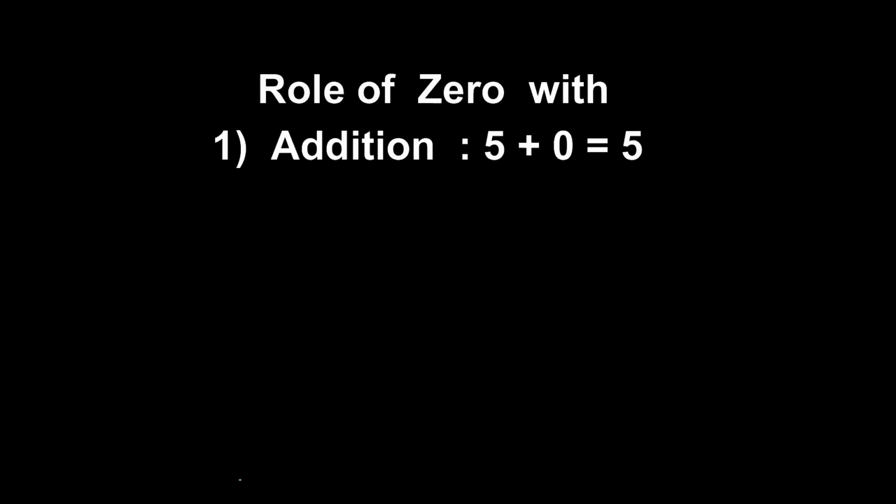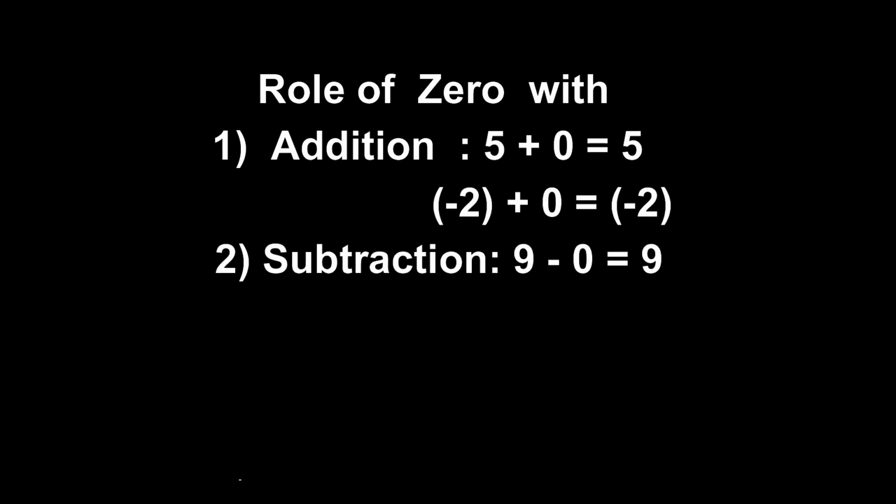Now moving to the next topic of the chapter, that is the role of 0 with addition, subtraction, multiplication and division. So first let us see what is the role of 0 with addition. If we add 0 to any integer number, that is 5 plus 0, obviously you all know that 5 plus 0 is 5.